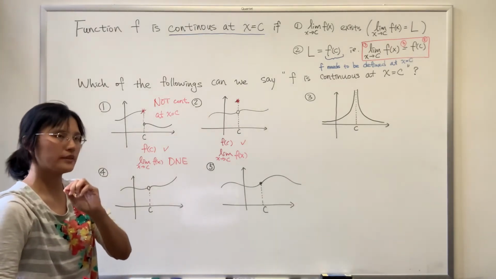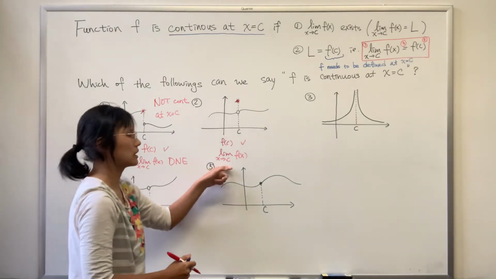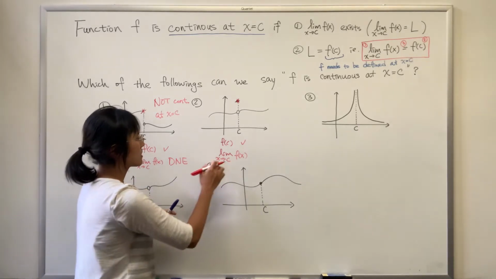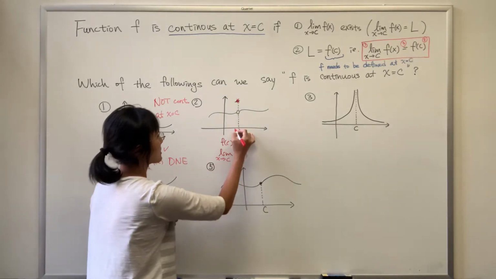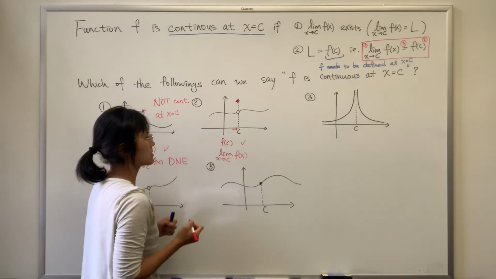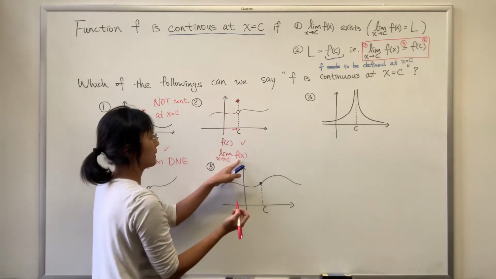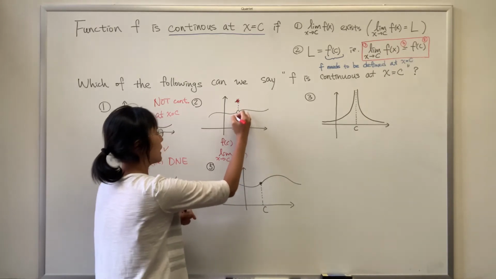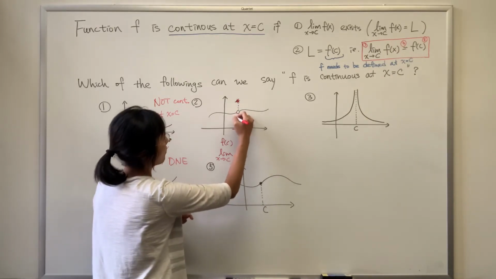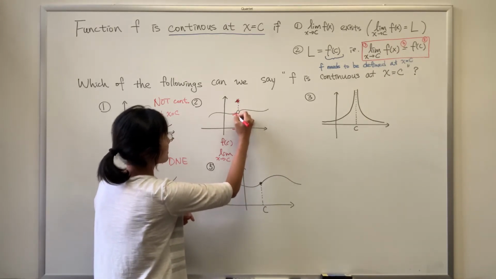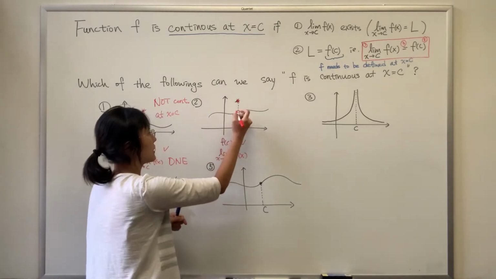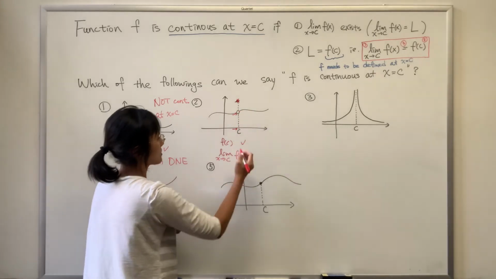Think about the definition of limits. So this will be talking about as x approaches c from the left, what happens to the associated f value? The associated f value is the height on the y-axis. So it goes this way, right? So the limiting value seems to be whatever that empty circle is.